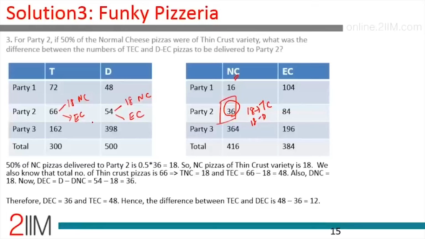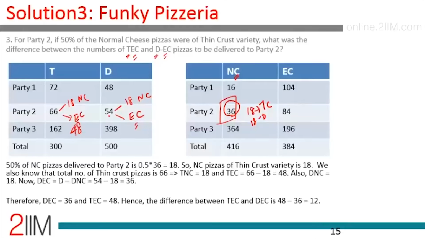Now we go to the thin crust number, and we know of that 18 are normal cheese, the remaining are extra cheese. Of this 54, 18 are normal cheese, the remaining are extra cheese. The question asks us, what is the difference between the number of thin crust extra cheese and deep dish extra cheese? Thin crust, there are 66 totally. So extra cheese will be 66 minus 18, which is 48.